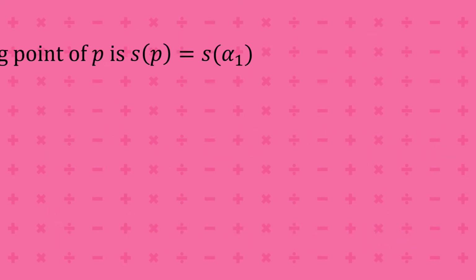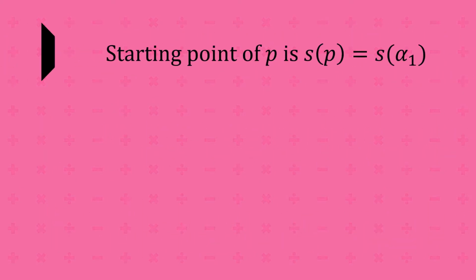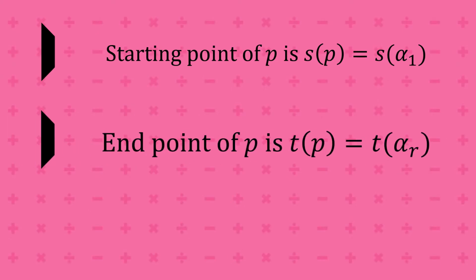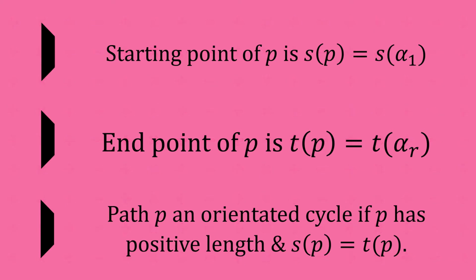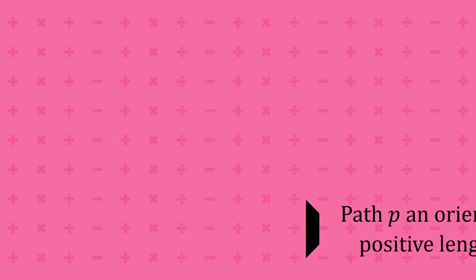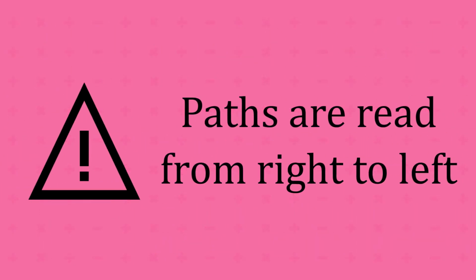The starting point of p is S of p, which is equal to S of alpha 1, and the end point of p is T of p, which is equal to T of alpha r. Also, a path p in Q is an oriented cycle if p has positive length and S of p equals T of p. Paths are read from right to left.